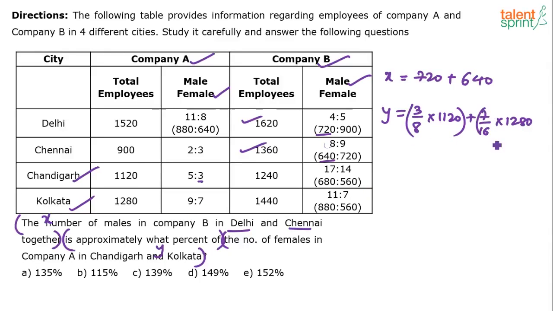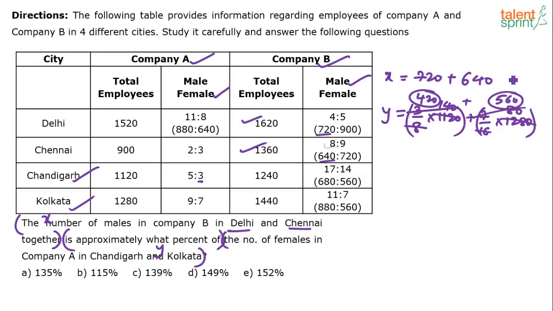Simplify. 1120 by 8 is 140, and 140 times 3 is 420. Similarly, 1280 by 16 is 80, and 80 into 7 is 560.